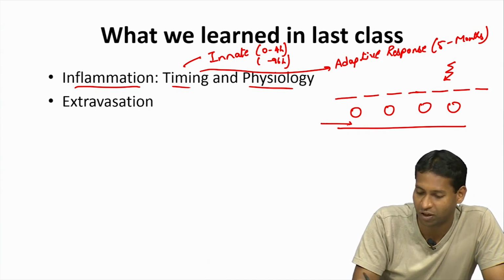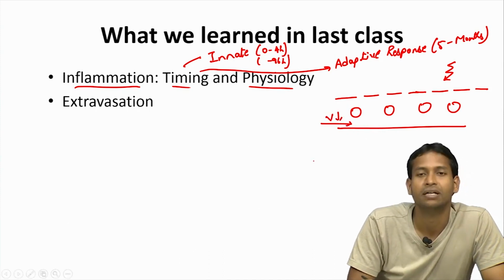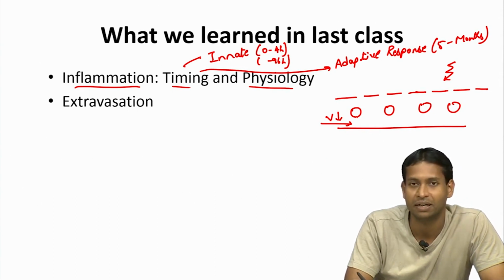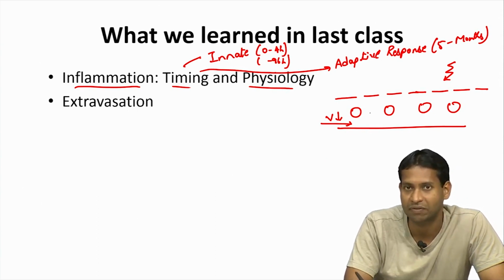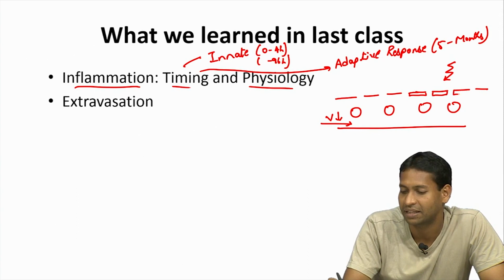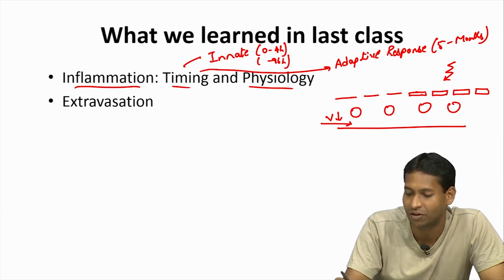As a consequence of this, the blood flow velocity also goes down, and as it goes down, the cells floating in the blood have a lot more time to interact with the cells at these layers. And the second thing that this inflammation does is it causes these cells to upregulate certain receptors.